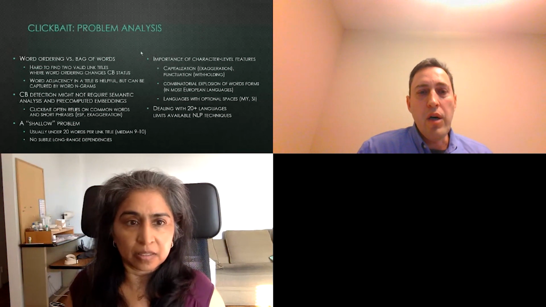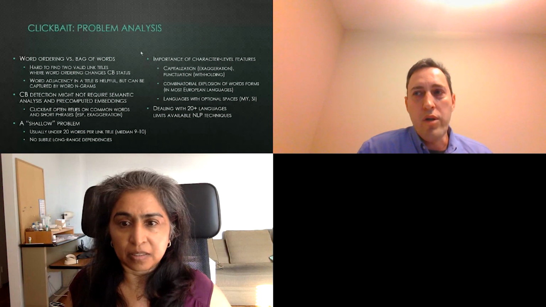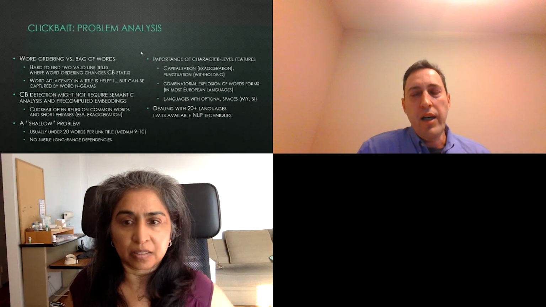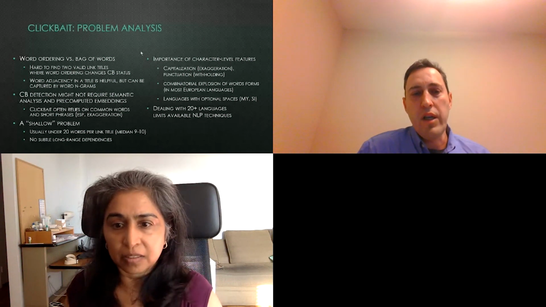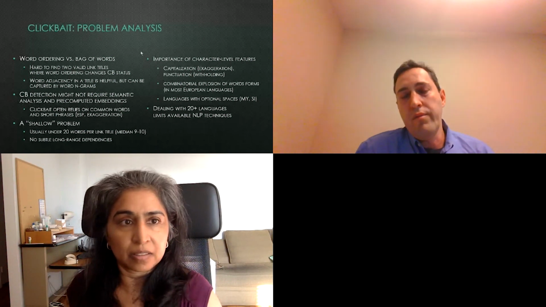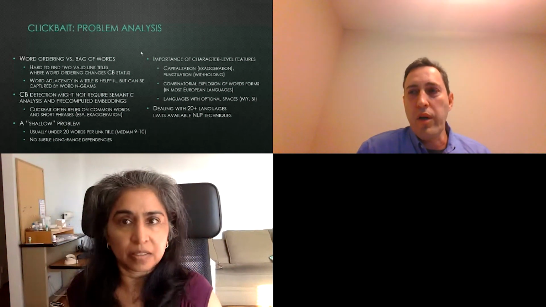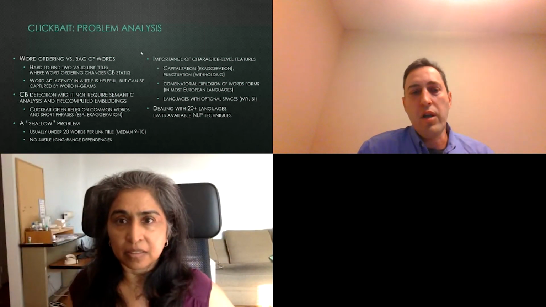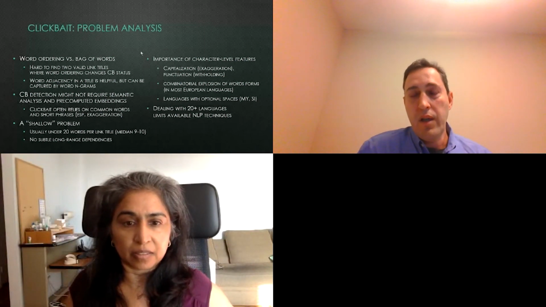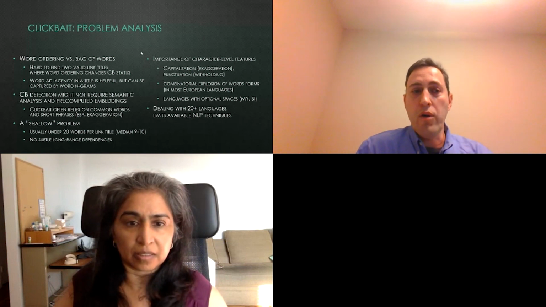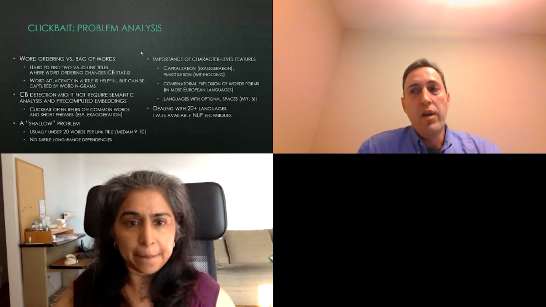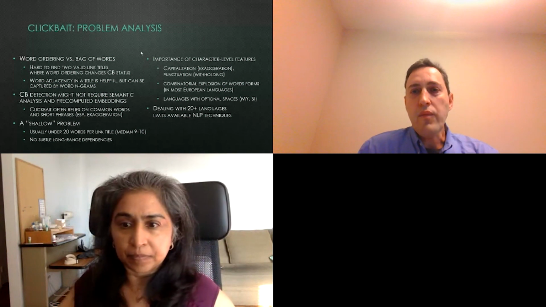Clickbait detection doesn't really require understanding the semantics of the word. So pre-computed embeddings are of questionable necessity, and also it's a shallow problem in the sense that the titles that we're working with are typically less than 20 words per title, and the median is 9 to 10 depending on the language. So there aren't subtle long-range word dependencies. This is what deep learning is good for, at least some architectures, but the problem is simpler.